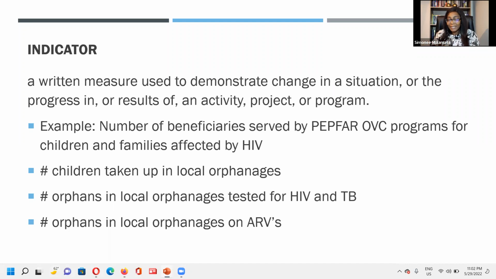Those are indicators: the number of children taken up in local orphanages, the number of young people that accessed education, the number of young people that got bursaries, the number of young people that went through the youth development programs. These are indicators. They must be specific, measurable, attainable, realistic, and time bound.